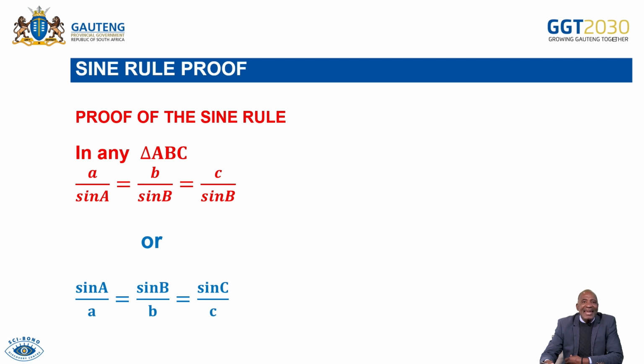So we're saying in any triangle ABC, we have already indicated that a divided by sine A is the same as b divided by sine B, which is equal to c divided by sine C. Right. So these are ratios. If you compare a side with the sine of its angle, the three of them will always balance. Alternatively, we can reverse that fraction and start with sine A over small a, which is the same as sine B over small b, which is equal to sine C divided by small c.